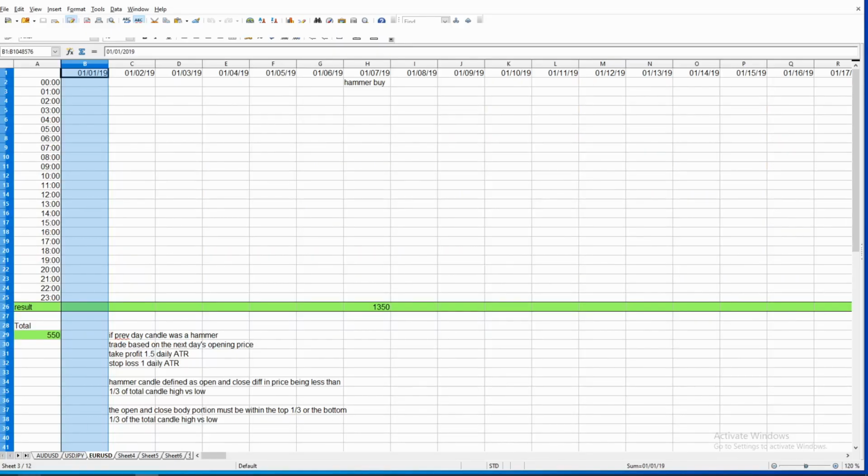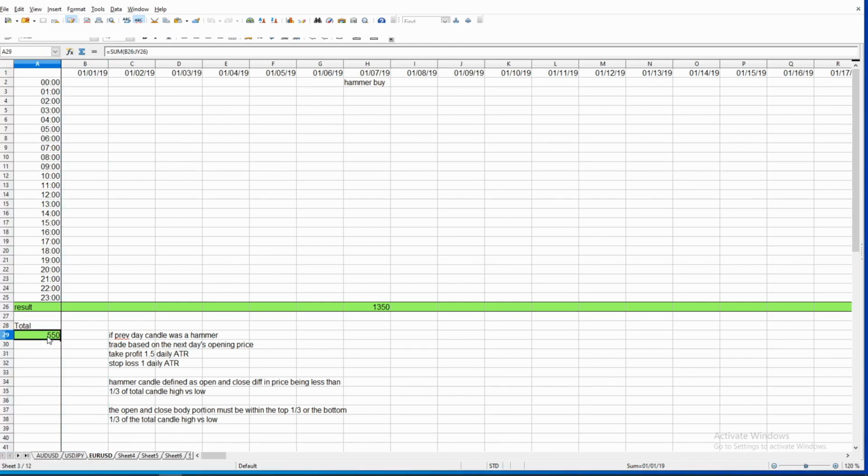Okay, as I was saying, the good thing about the spreadsheet is that you can include a formula to sum up the total results in a particular row or column. In this case, I have a summation of all the pips in this particular row, so it automatically calculates the total for me. Right now, based on 2 trades, I'm still up by 550 pips.